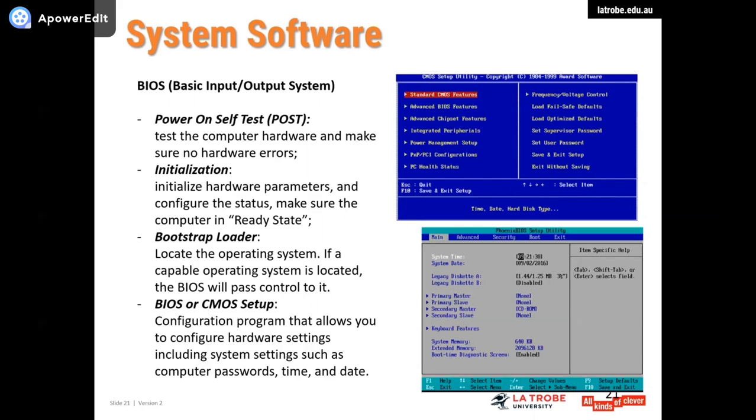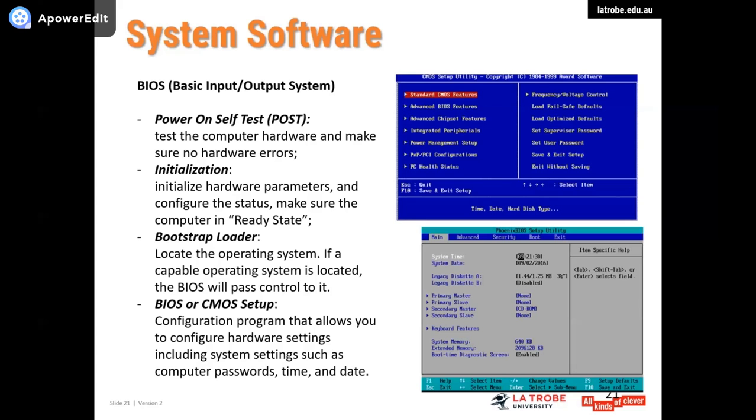Also, you can configure the time and date and save them in the CMOS. You can also change the booting order of your system. You can boot from your hard drive, from a flash drive, or from CD-ROM. You can also boot the system from the network.